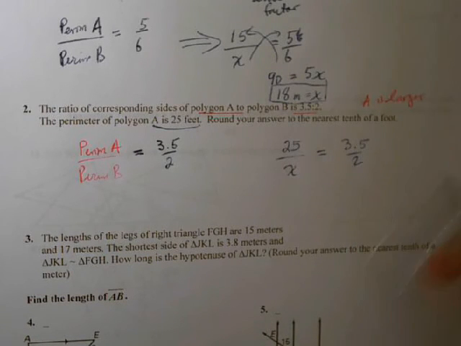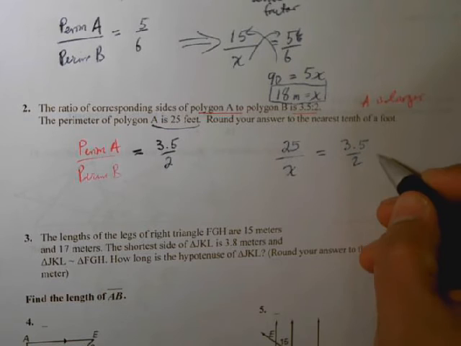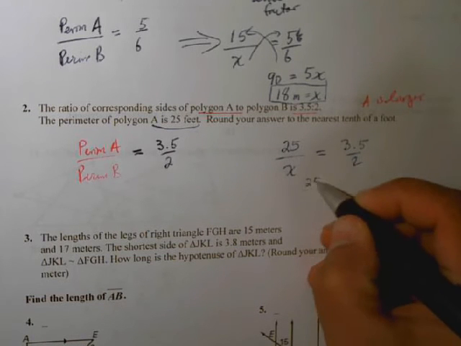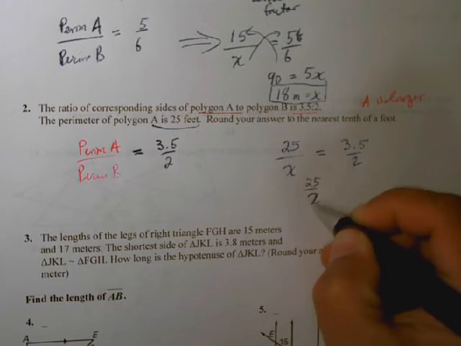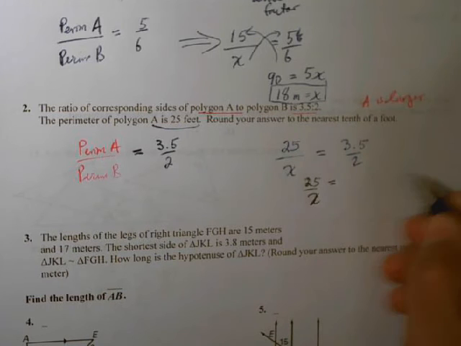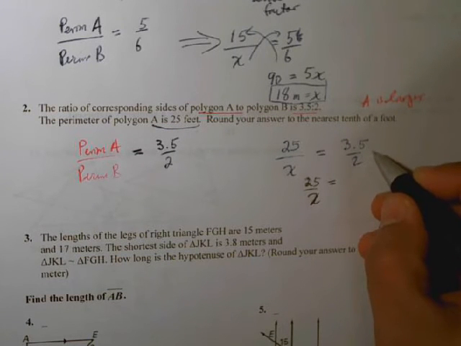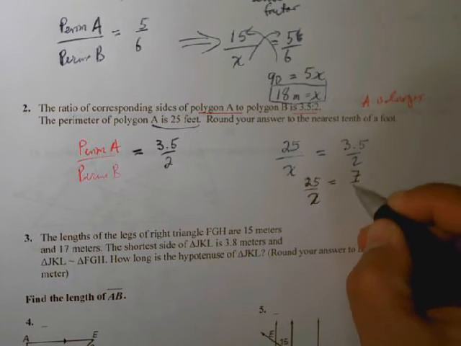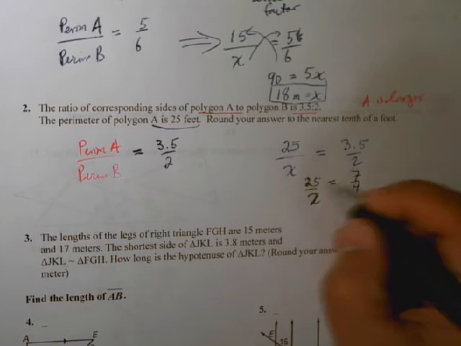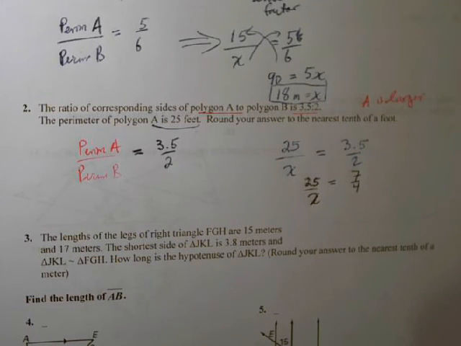Now, just as a matter of algebra, I find it a little bit easier if we convert this fraction with a decimal in it. So I'm going to say 25 over x is equal to, and I'm going to multiply the top and bottom here by 2, 7 over 4. So 7 over 4 is the same as 3.5 over 2.